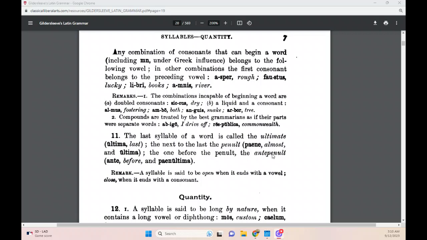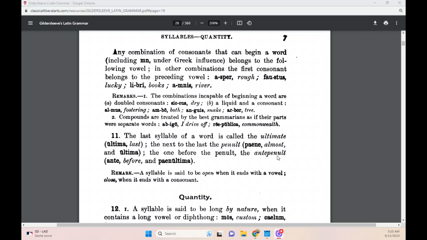The Latin word ante just means before, so antepenult means before the penultima, before the penult. So we have names for the last three syllables of a word: ultima, the last syllable; penult, the second to last syllable; and antepenult, the third to last syllable.